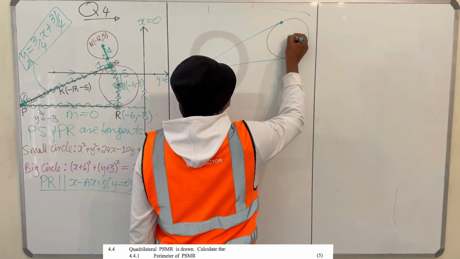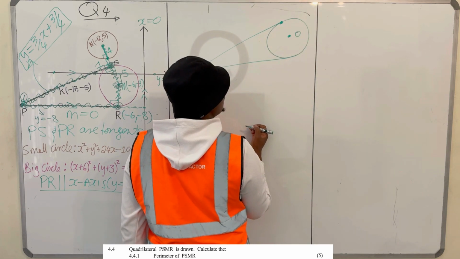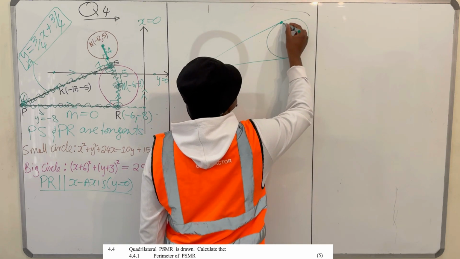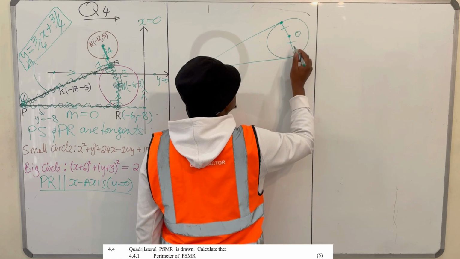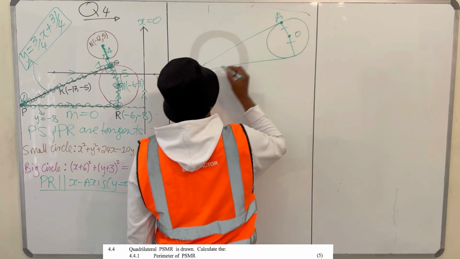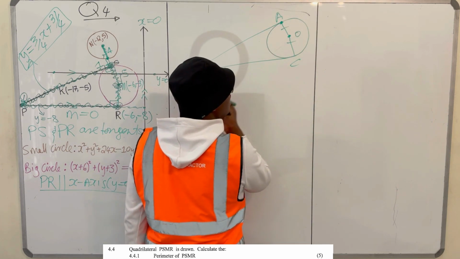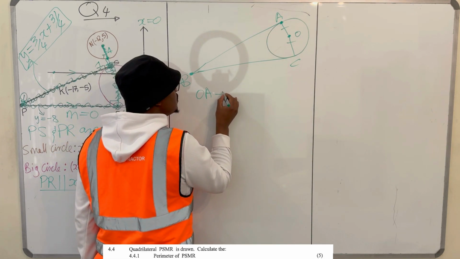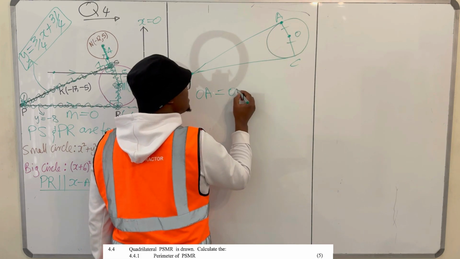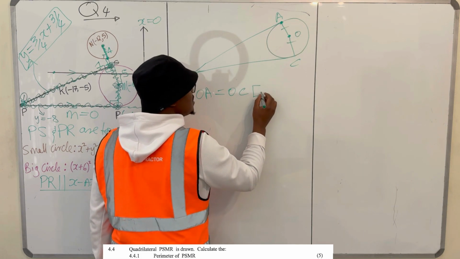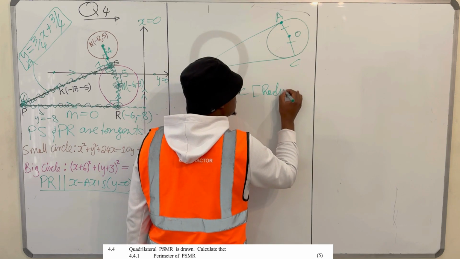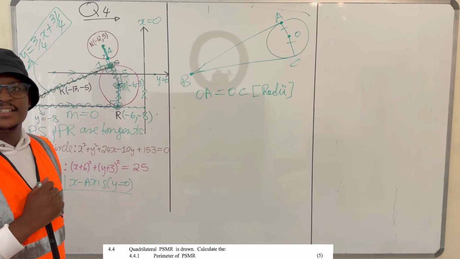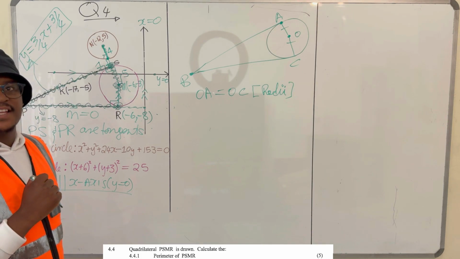Let's say you have a circle here, and your center O. Let me say A, B, C, right? So I'm saying OA, which is this distance here, is equal to OC. Why am I saying this? These are the radii of the circle.